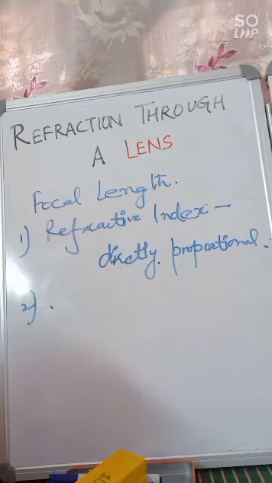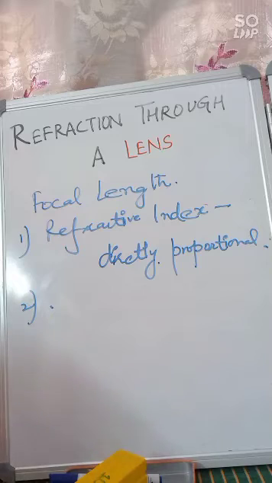Or I can say there is not going to be any change in the position, size and nature of the image formed by it. Only the intensity of the image changes. The image may seem to be blurred, it will not be as bright, right? So this is the meaning of this sentence.